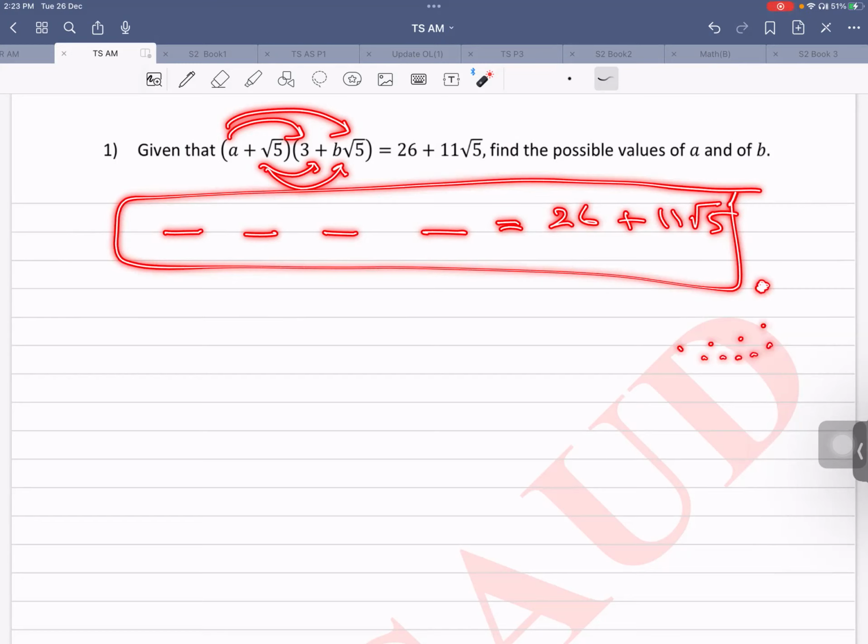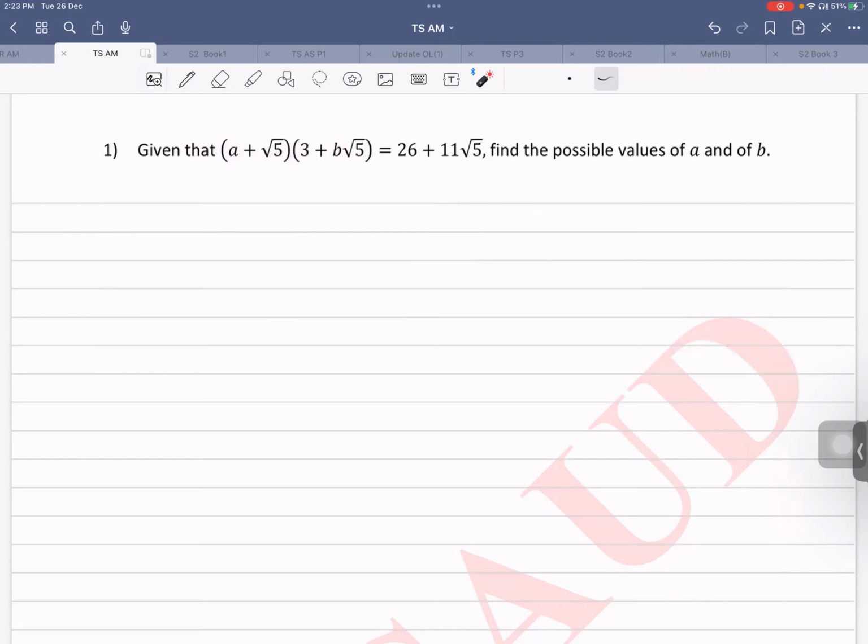If we are unable to identify right now, let's at least multiply the two brackets. Suppose it's a 5-mark question. Let's at least get 2 marks by multiplying and simplifying the brackets.